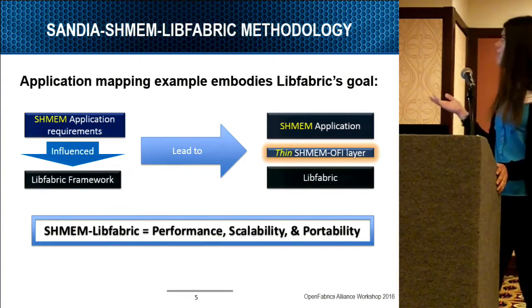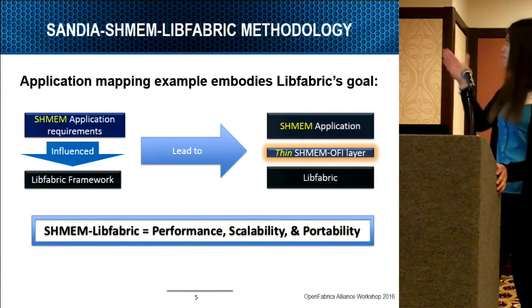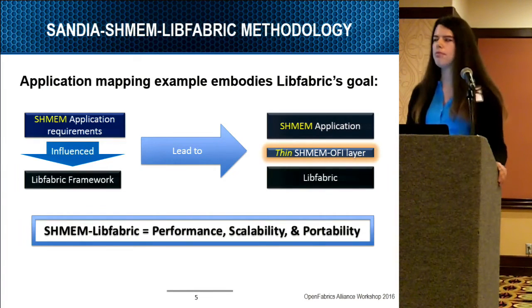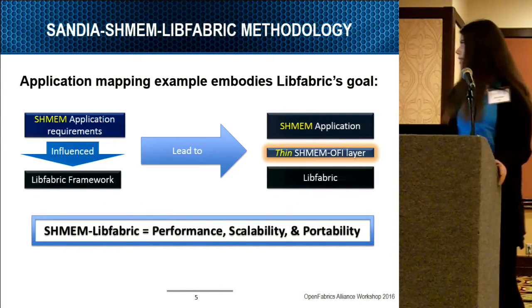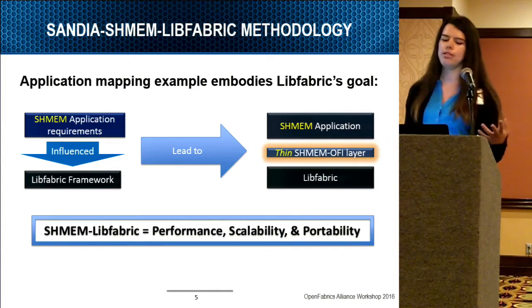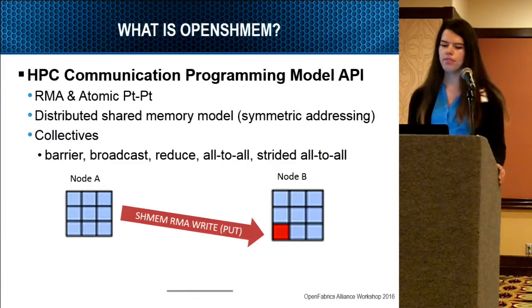And what this led to is a very thin middleware layer that connects the SHMEM API semantics to the LibFabric API implementation. And so by being application-centric and having this embodied in the SHMEM-LIBFABRIC code base is really why SHMEM-LIBFABRIC is able to be performant, scalable, and portable.